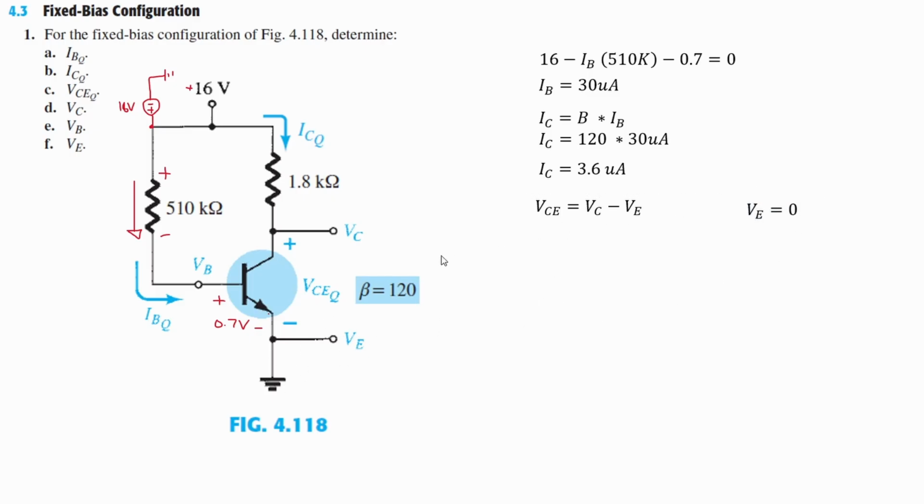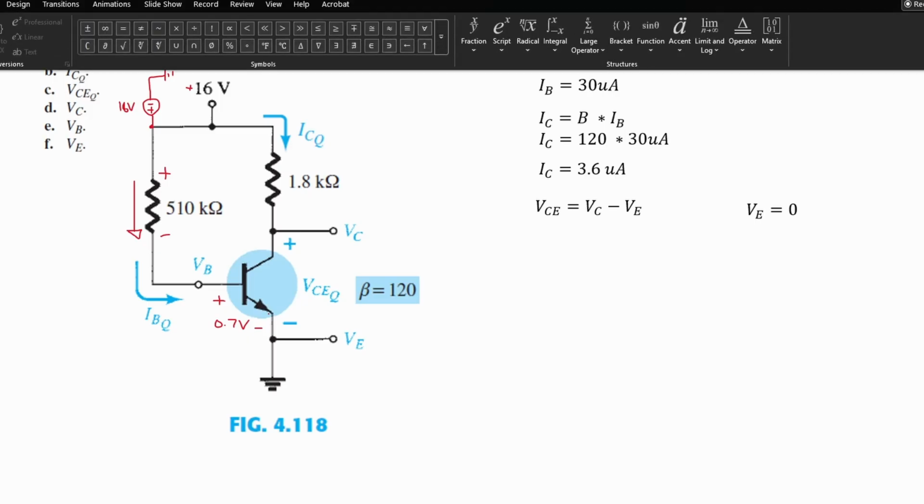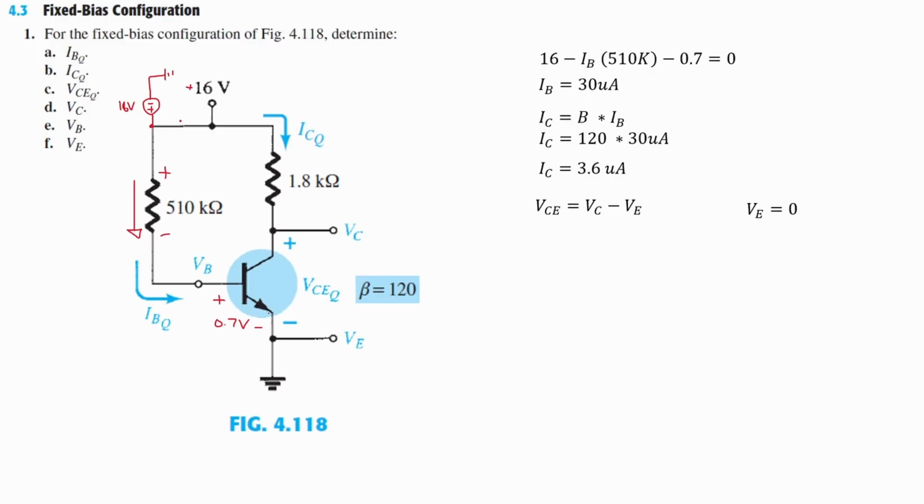Ano naman yung VC? Paano na siya i-solve? Well, we just have to know the voltage drop right here. Diba? So, ganito yan. Draw tayo. So, meron tayong ditong 16 volts. Ground.